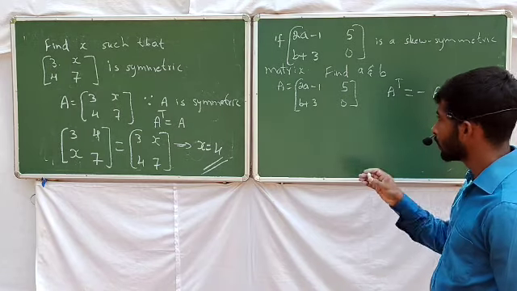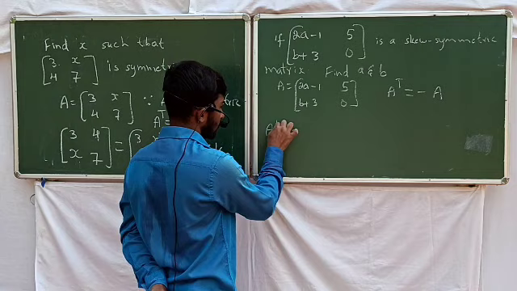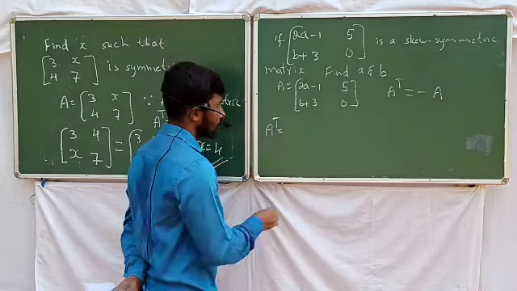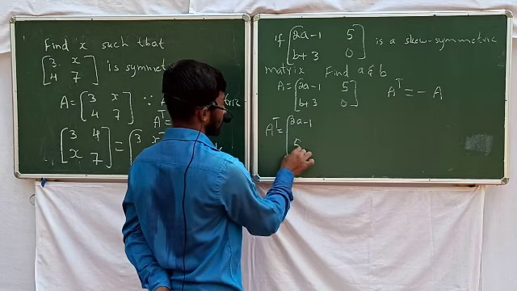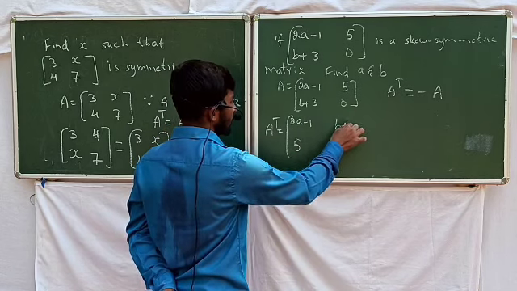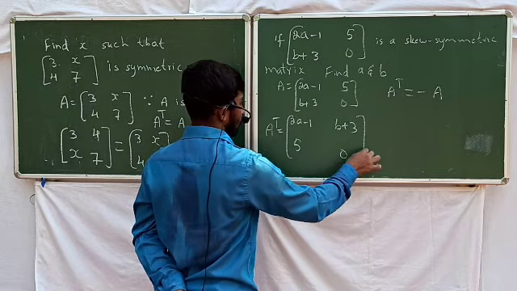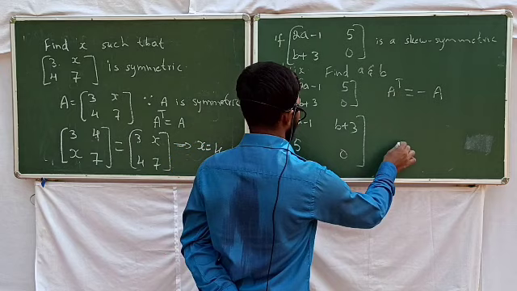To solve this question, first you need to find A transpose, then you need to calculate minus A value. Calculate the value one by one. First I am calculating A transpose. A transpose is equal to [2a minus 1, b plus 3; 5, 0], writing rows as columns. Then what is minus A?